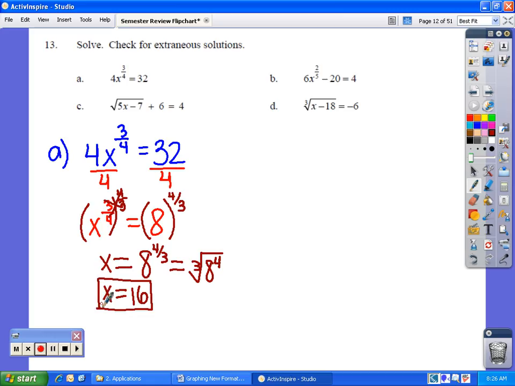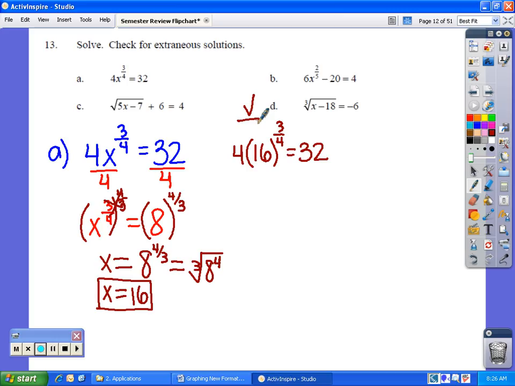Now, in all of these problems, we have to check it to make sure that our answer is correct. The wonderful thing about your calculator is you can put all of this in. Make sure that when you put this in your calculator, though, that you put parentheses around your 3/4, because if you do not put parentheses around the 3/4 in your calculator, it will not give you the right answer.